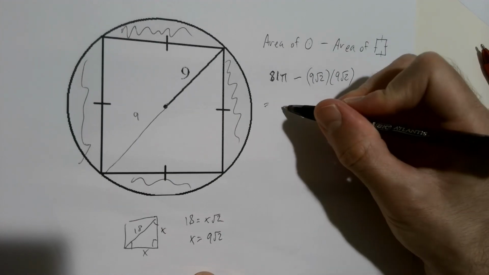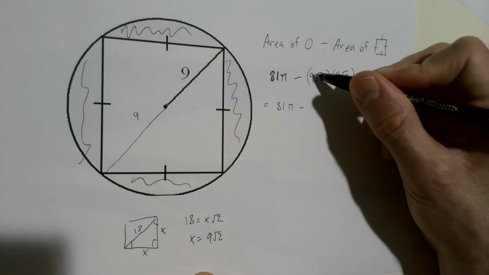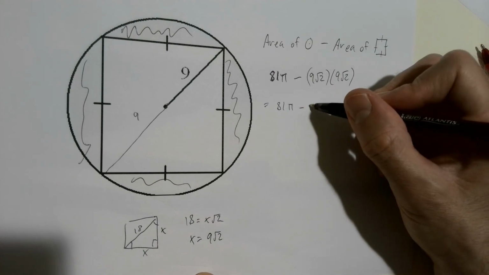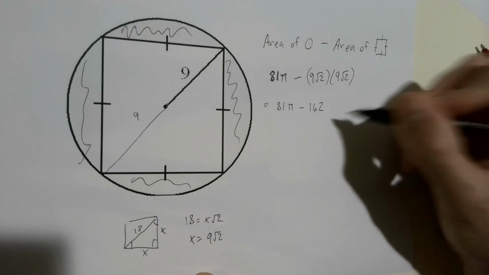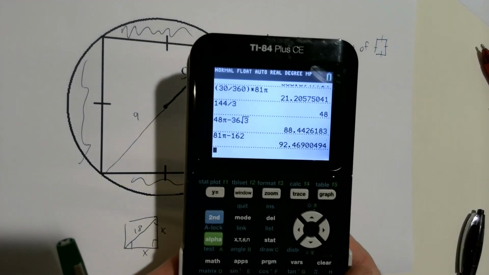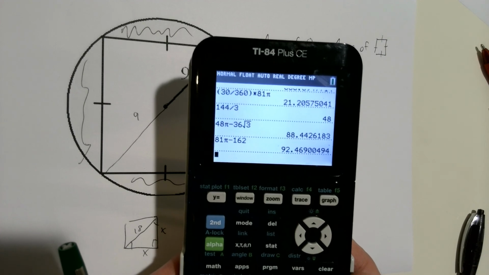You could rewrite that if you want to as 81 pi minus, let's see, 81 times 2, so 162. Okay, so let's see what we get there. I'm getting about 92.5 when I plug that in, and that's close enough.